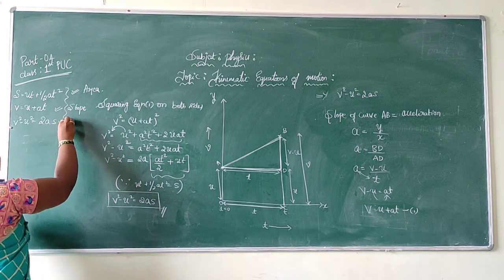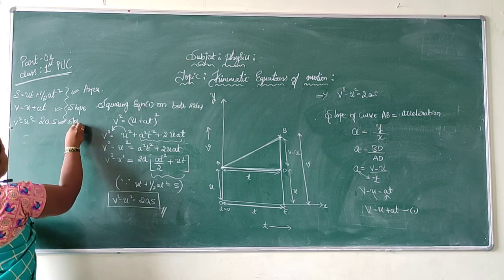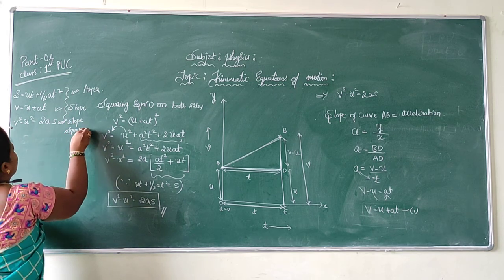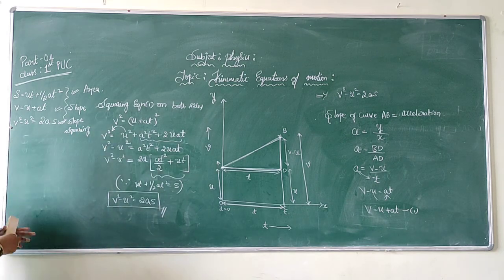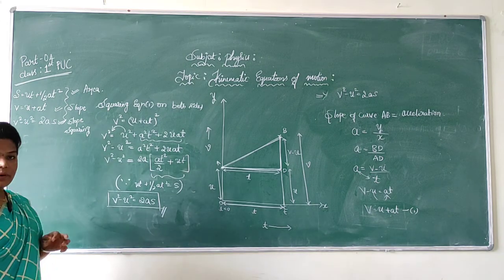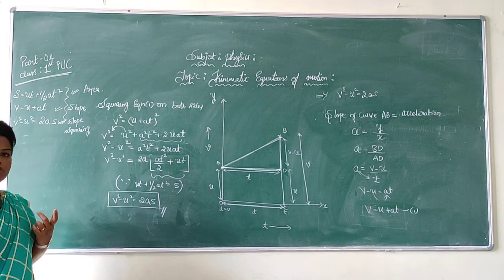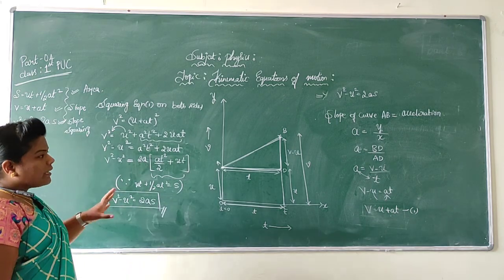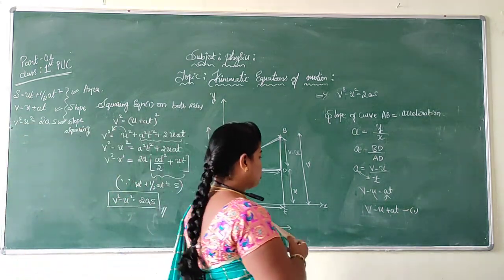Similarly, for this, I calculated the slope. After calculation of the slope, squaring, and finally substituting the value of ut plus half of at square, I got v square minus u square is equal to 2as. So this is about the 3 kinematic equations of motion.